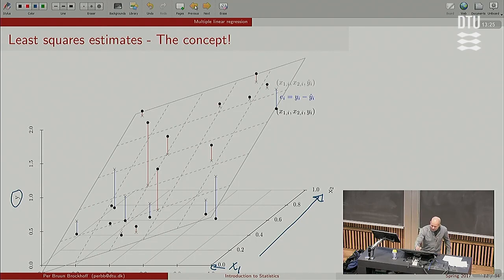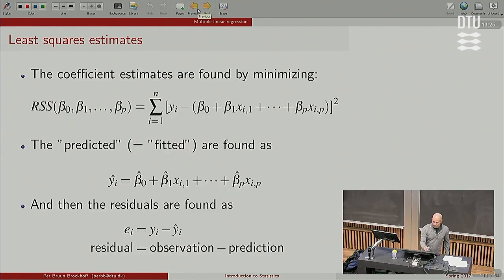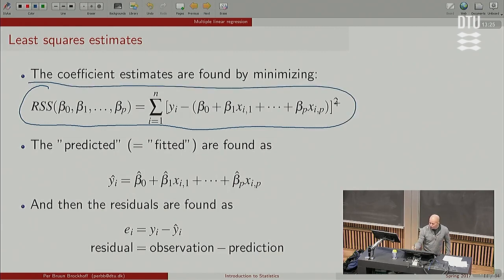And mathematically, this is expressed like this. Here is the criterion, the squared y differences. So it's vertical y differences that we minimize. Last week we only had beta 0 and beta 1. Now we could have a plane of arbitrary dimensions. P needs to be smaller than n for this to be even mathematically possible to solve.